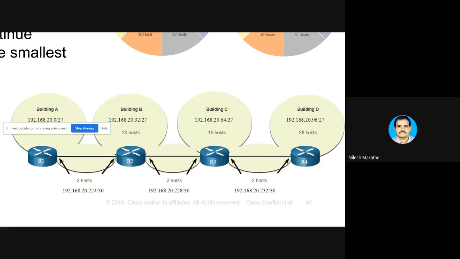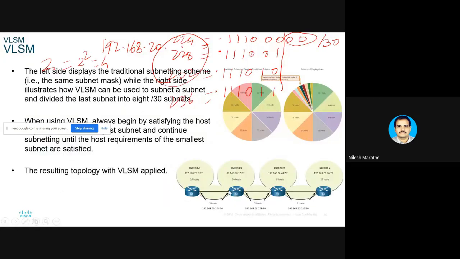Is this clear? That is what we mean by VLSM. All others are still vacant. So from 236 onwards, the addresses are still available from this block.